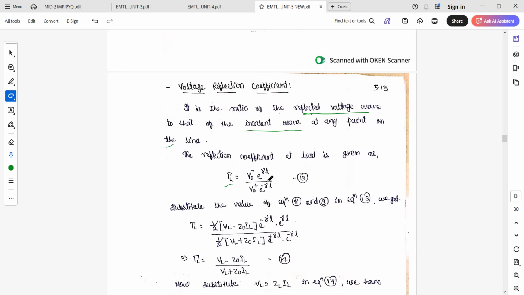The reflected wave direction is changing, so we have V0 minus e to the power gamma L, where this is the small gamma, divided by V0 plus e to the power minus gamma L. That small gamma is alpha plus j beta. Like this much you have to write in words and write the expression. That will give a better impression.